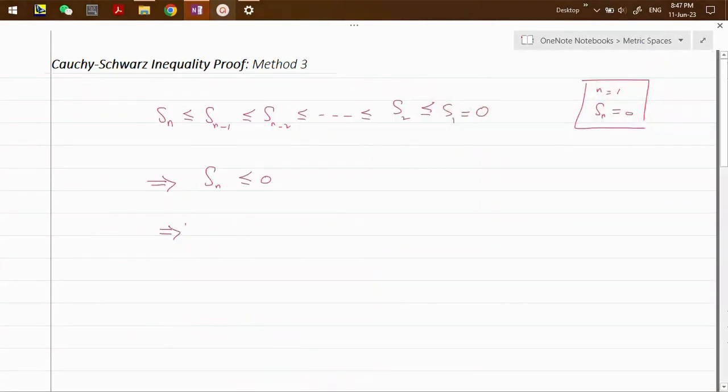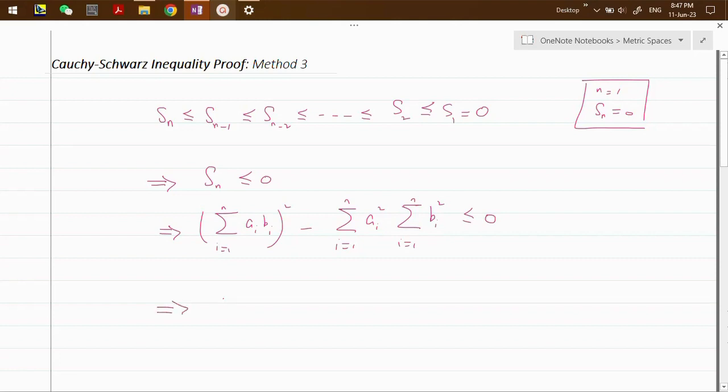So we have, this implies that summation i from 1 to n of ai bi whole square minus summation i from 1 to n of ai square into summation i from 1 to n of bi square is less than or equal to 0.